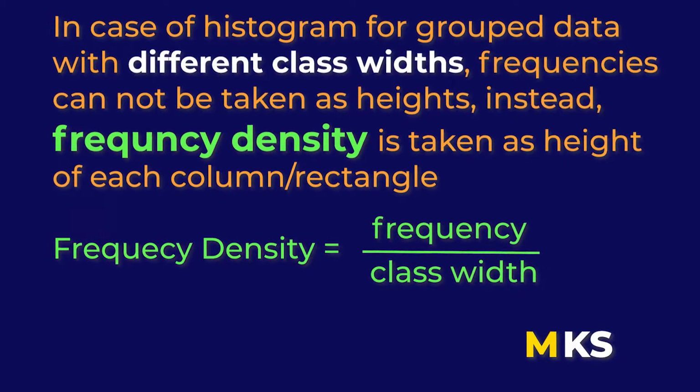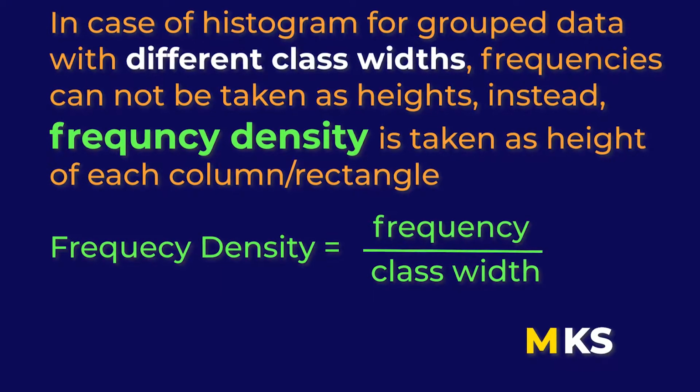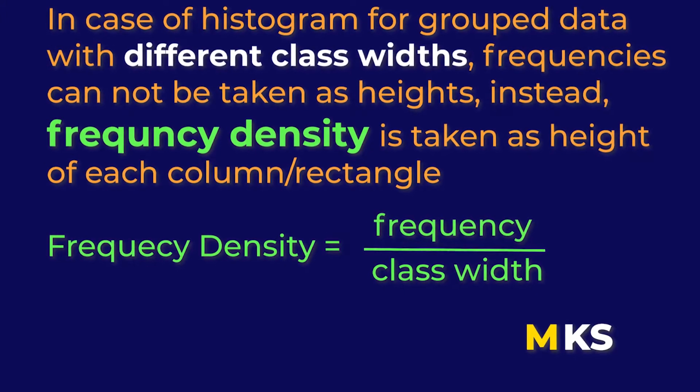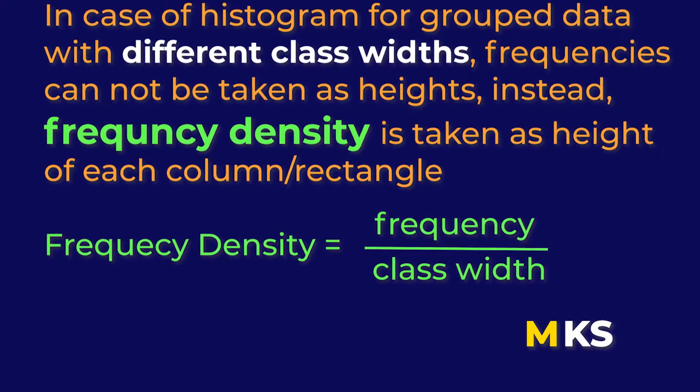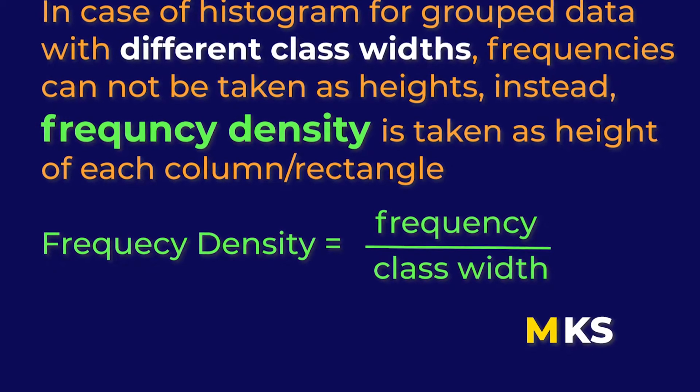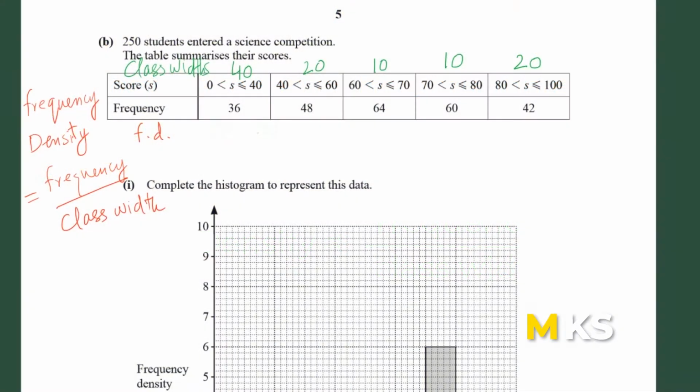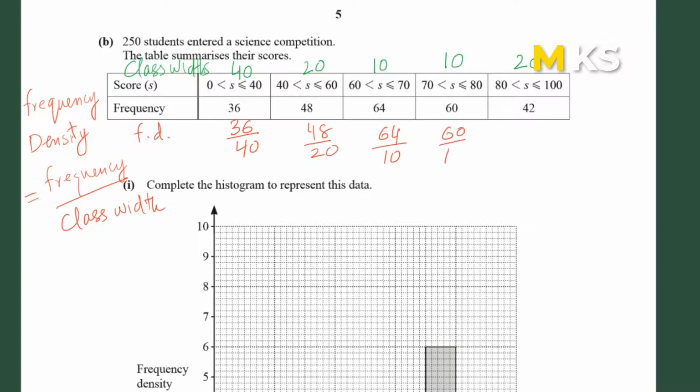So for that we need to find frequency density. Frequency density is frequency divided by class width. For the first class, the frequency density will be 36 over 40, then 48 over 20, then 64 over 10, then 60 over 10, and then 42 over 20.